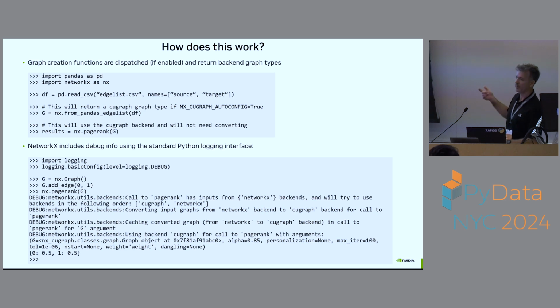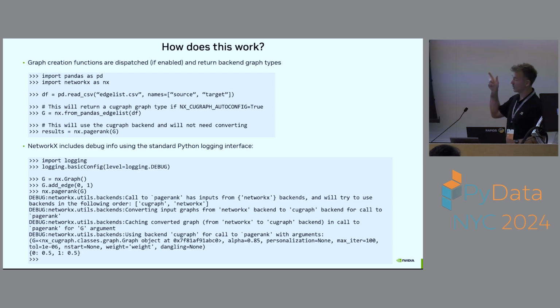You read that in with pandas, get a data frame, and then create your graph from that data frame. Prior versions would say, with this code, we need to return a NetworkX graph type because we don't know what's going to happen with this. It might return a backend graph type and call a NetworkX function that's not supported by that backend. That would be a problem because they didn't have the failover in place like it is today.